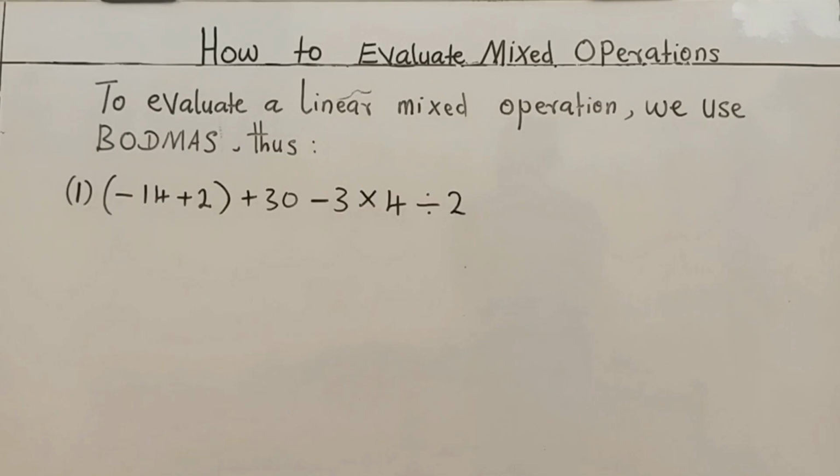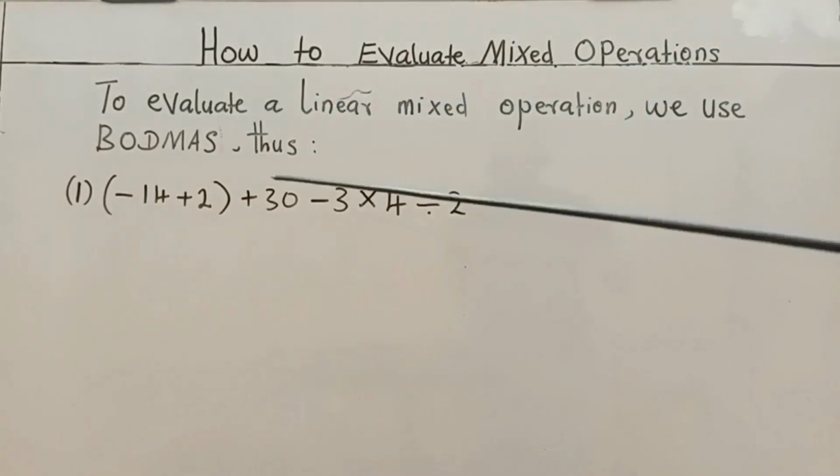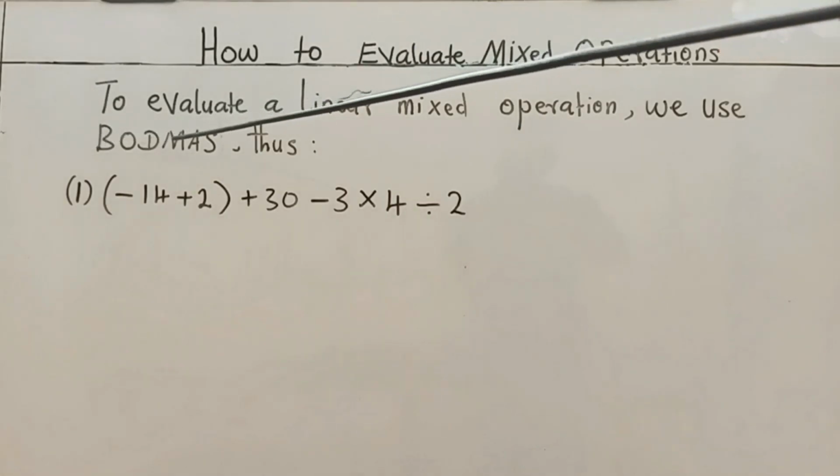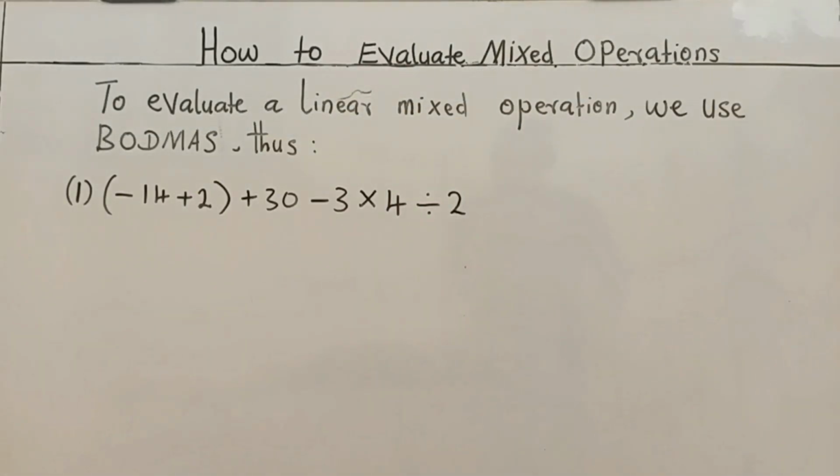It is not compulsory that in a single linear operation that is mixed, all these 6 must appear. It is some of them that may appear sometimes, and sometimes all appear. Whatever happens, this is the order. If you don't find any of them useful and applicable, discard it and use the others which are considerable to solve the problem. Now, let us use BODMAS to solve this.